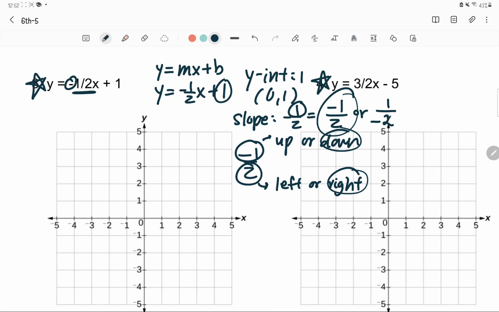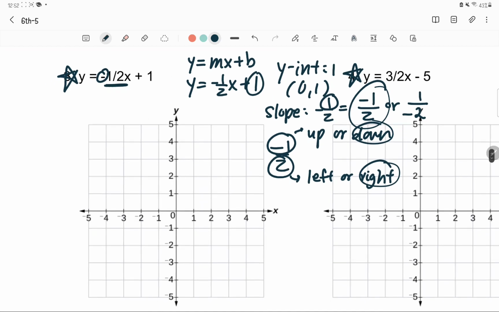What we have to do first is plot the y-intercept, and that will be your center for the slope. So (0, 1), which is over here, is the y-intercept. And you have to go down 1 and right 2. 1, 2. You go again, down 1 and right 2.